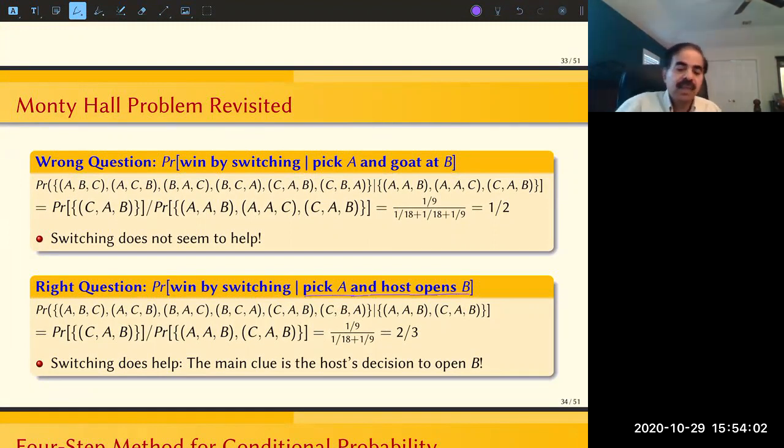And now you no longer have three possibilities here.